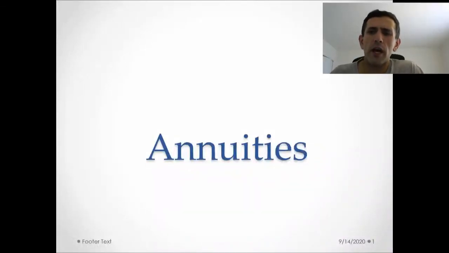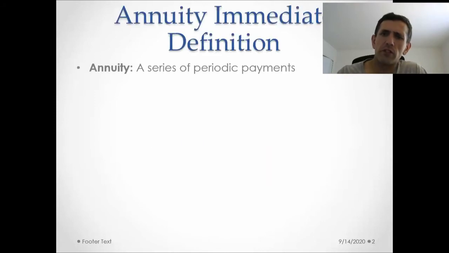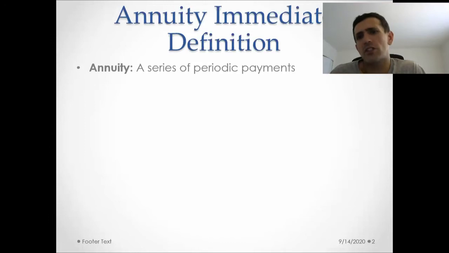What I want to do now is get into annuities, which is really getting to the heart of this course. Okay, so what are annuities? An annuity is just a series of periodic payments. So for example, a mortgage is an annuity.